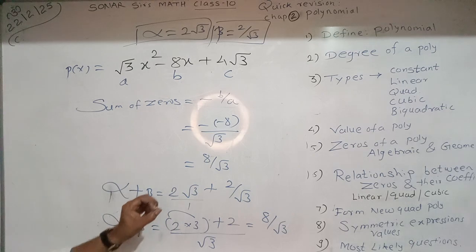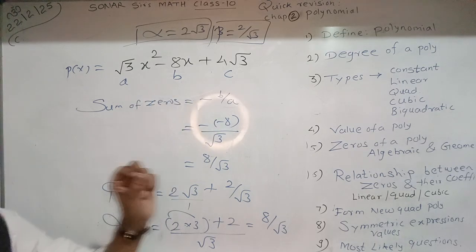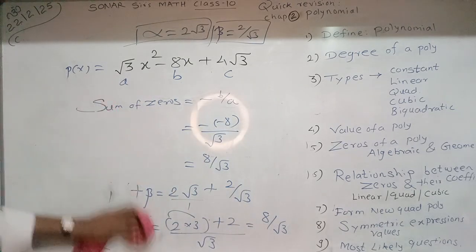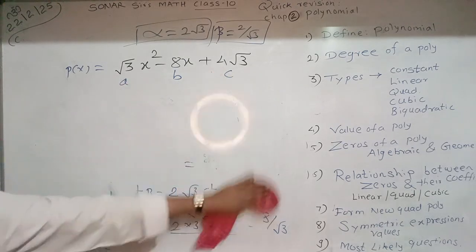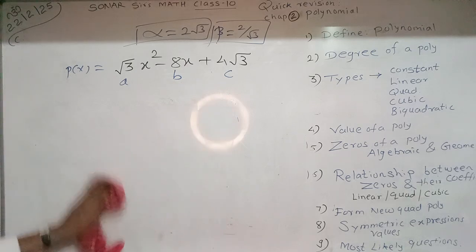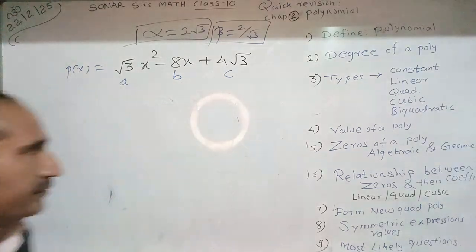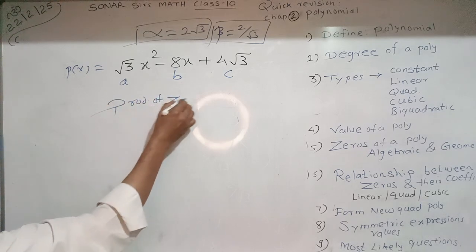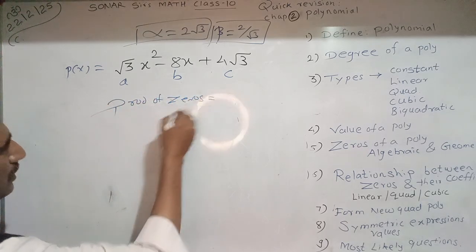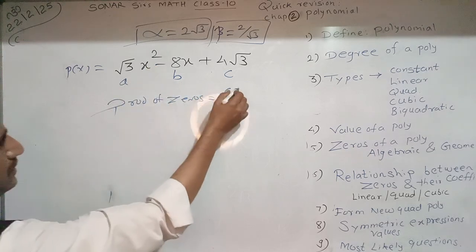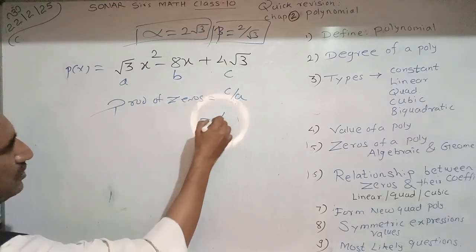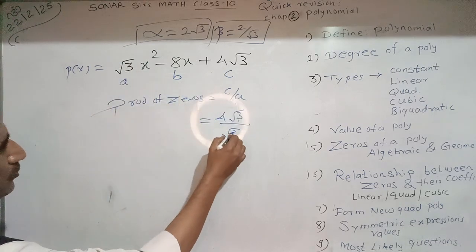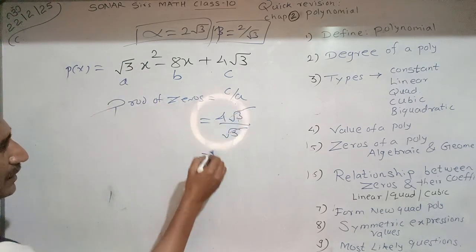Now we'll discuss alpha into beta, the product of zeros. You know the formula for the product of zeros is C upon A. What is the constant value? This is 4 root 3. And what is the value of A? Root 3. Root 3 will get cancelled.